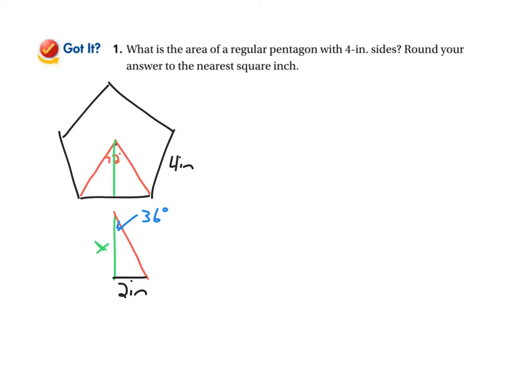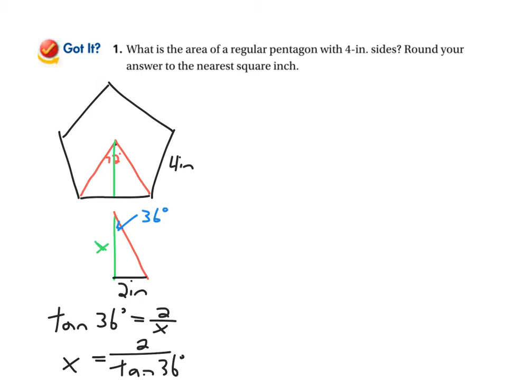So we can write that out as the tangent of 36 degrees equals the opposite side 2 over the adjacent side x. Solving for that, we switch it and say that x equals 2 divided by the tangent of 36.